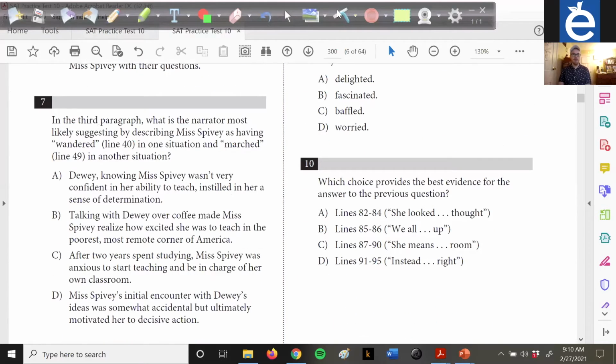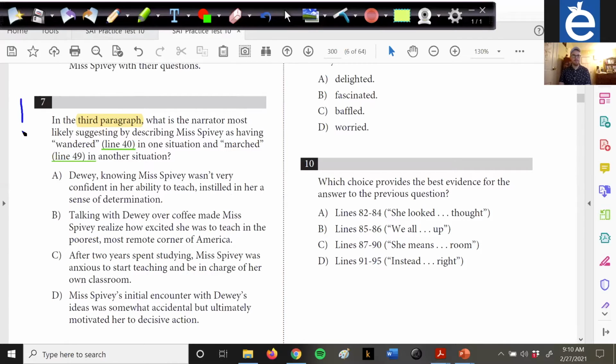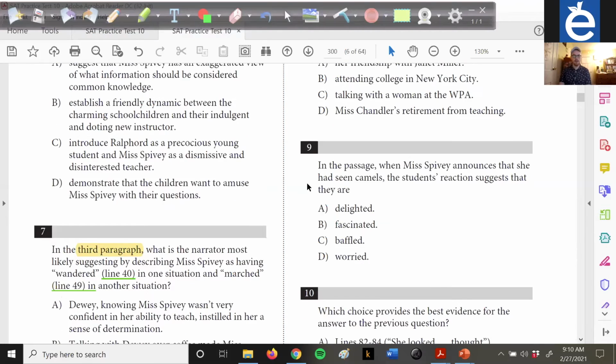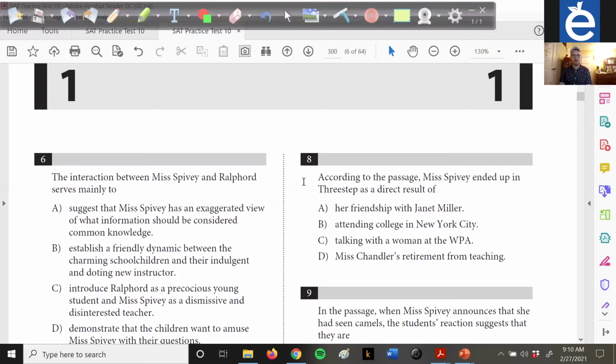In the third paragraph... okay, right away, we know what we're being asked here. Specific lines, specific references, definitely a line question. So on test day, I would just mark a little L on there to remind me.